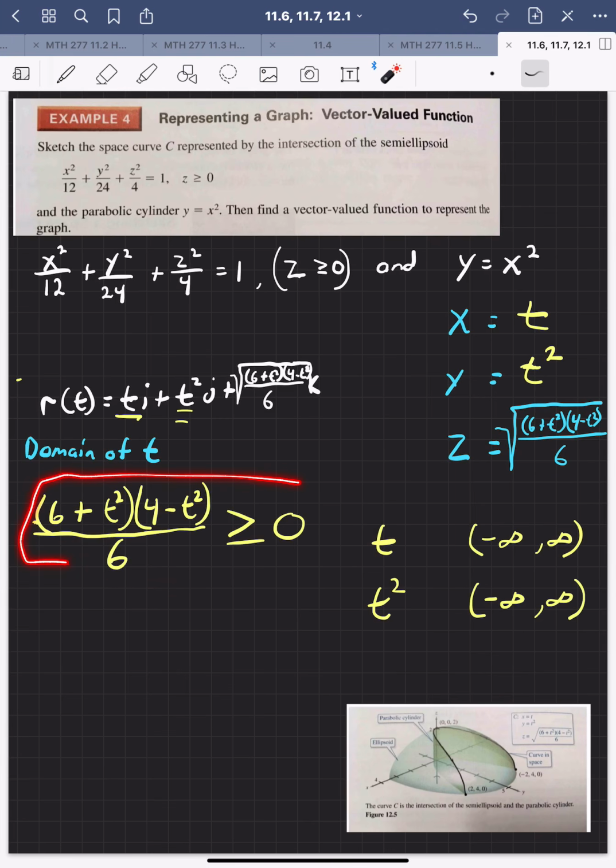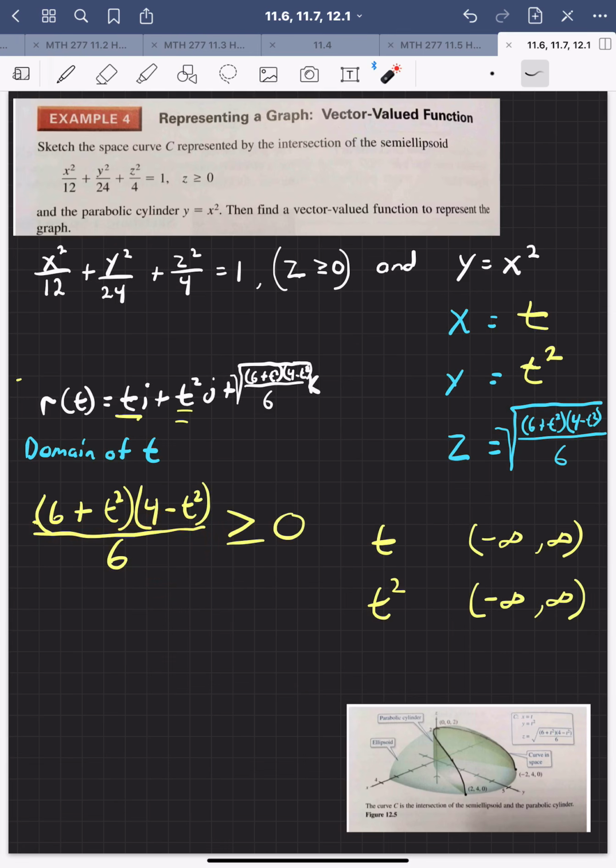Okay. So how do you solve for t? Pay attention, because I'm going to show you some things that make stuff like this a little bit easier. First off, I can multiply both sides of this inequality by 6.